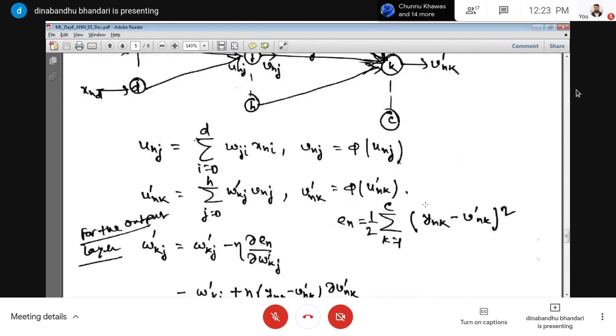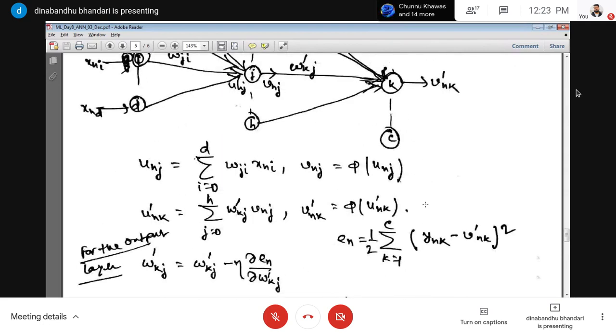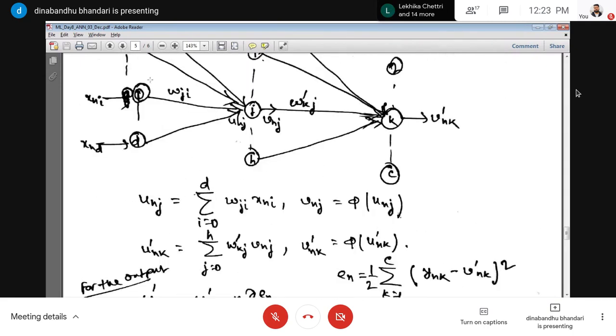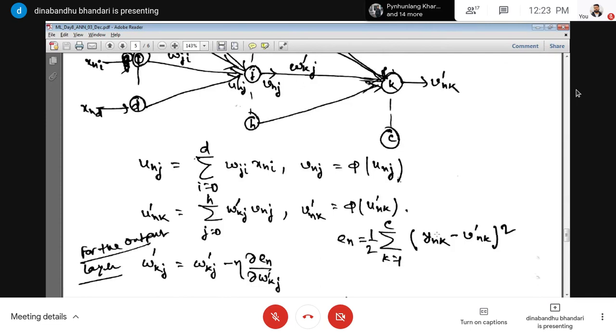And in this particular case, let me show you how to do this. The algorithm is the same. You initialize w ji and w kj, then you calculate u nj, v nj, u nk and v nk, and then you back propagate the error En to modify w kj first, and then you modify w ji.